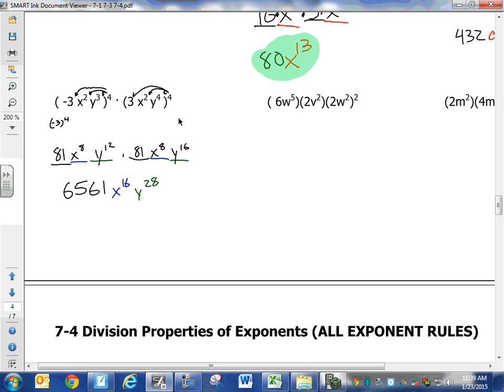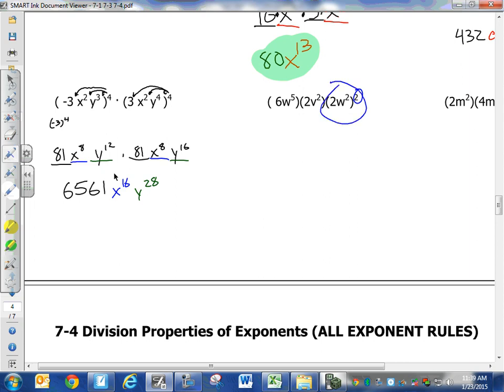No, the 2 is just going with the last one. This 2 only goes with this last term. Does not go to everything. Keep that in mind and do this problem.